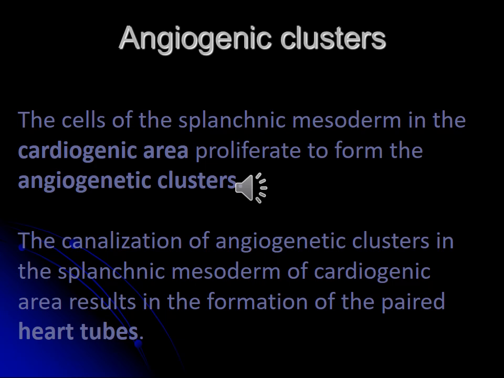Either it should be medial or lateral, but as far as the sides are concerned, we say right hand drive or left hand drive, as the case may be. So the two tubes, right and left primitive heart tubes, are formed, and now the folding of the embryo begins, resulting in the fusion of the two heart tubes which fuse in the middle, and that we will see.